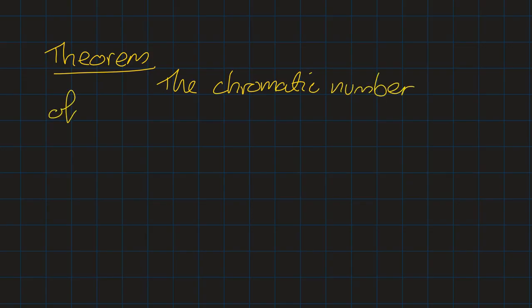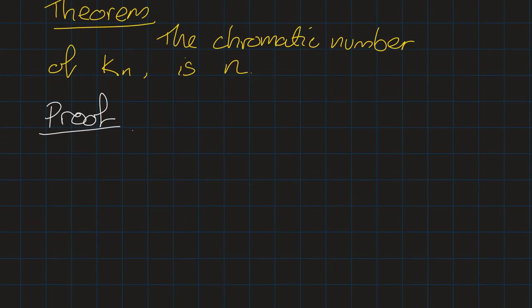So the chromatic number of the complete graph on n vertices, which we use the notation Kn, is n. Okay, so why would this be true? Well, I don't really want to go into too much of a formal proof, but I'll just give you some sort of reasoning for why it's true.